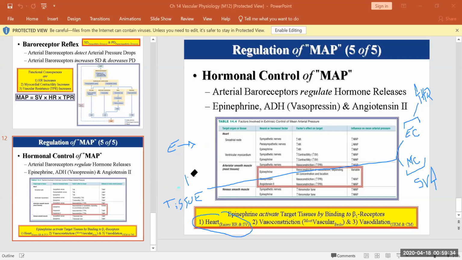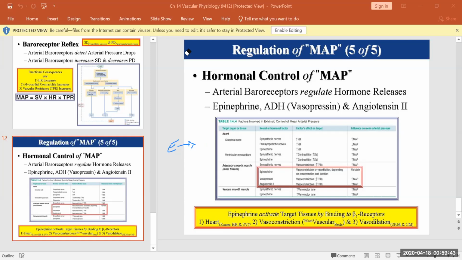Keep epinephrine. Epinephrine also can activate beta-2.